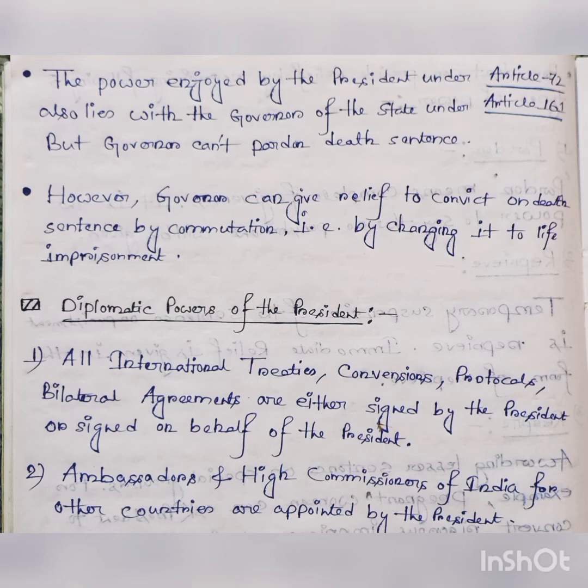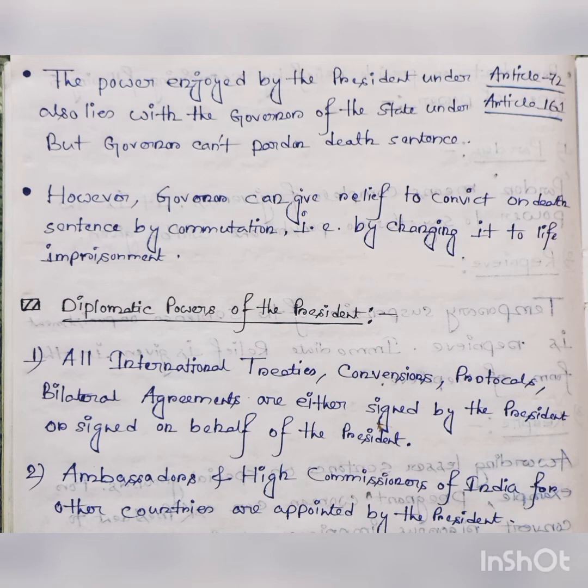Next point, however, the Governor can give relief to a convict on a death sentence by commutation, like by changing it to life imprisonment. Next point, diplomatic powers of the President.